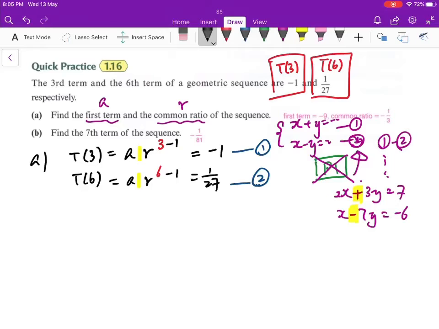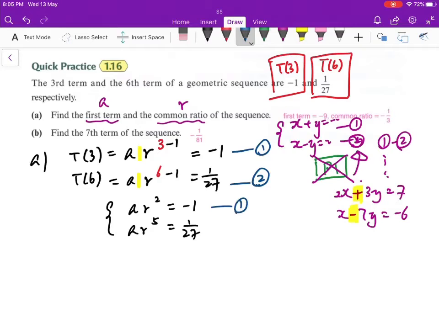Okay, so now pay attention. How can we solve it? Okay, so now first step. Simplify it first, okay? So we got ar to the power 2 equal to -1, ar to the power 5 equal to 1/27, okay?